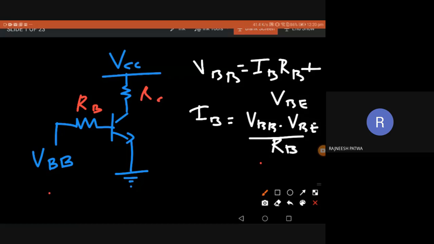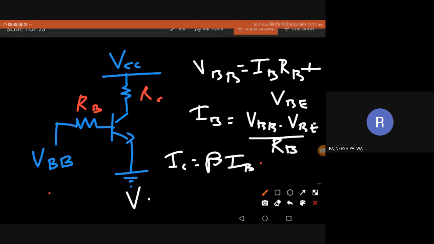Once you get IB, then you calculate IC. The only way is IC equal to beta times IB. Beta is constant here, but still we should know that the Q point is dependent on beta. There is no other way of calculating IC other than with beta. So IC equals beta times IB.